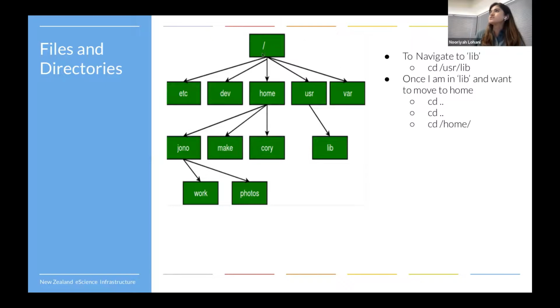Root is just a slash, and then you tell it to go into directory user, and through user, we can move into directory lib, right? So that's how I would navigate into this directory here.